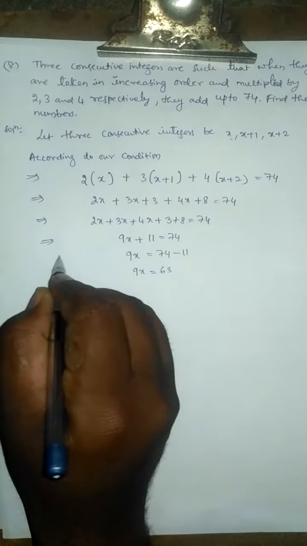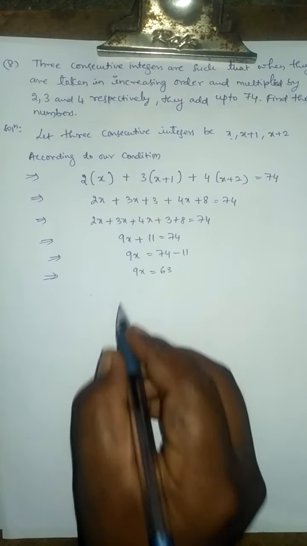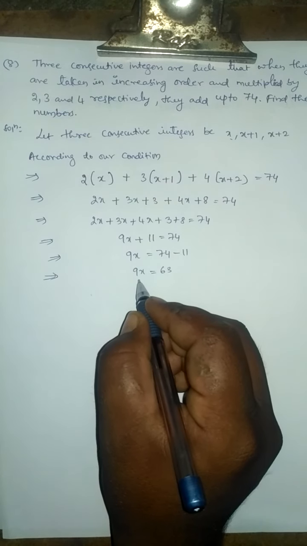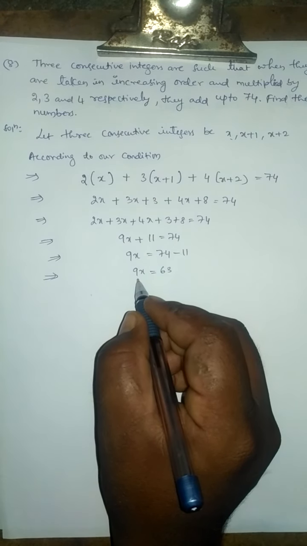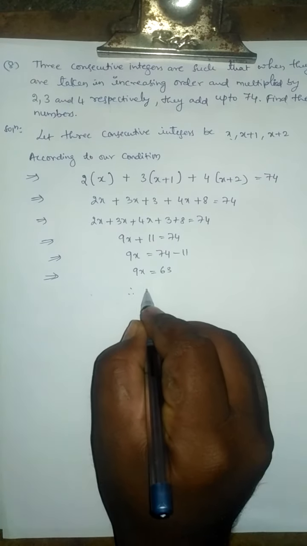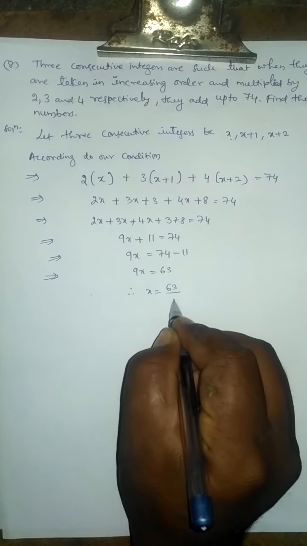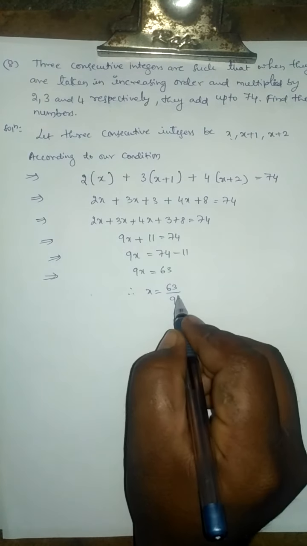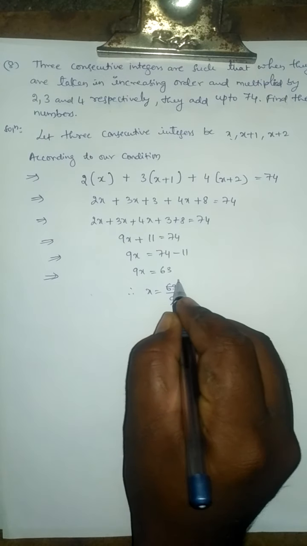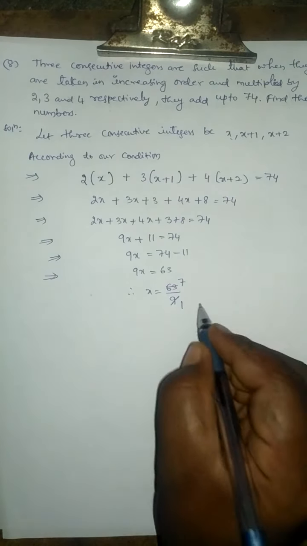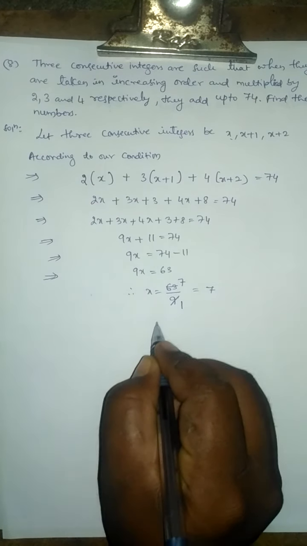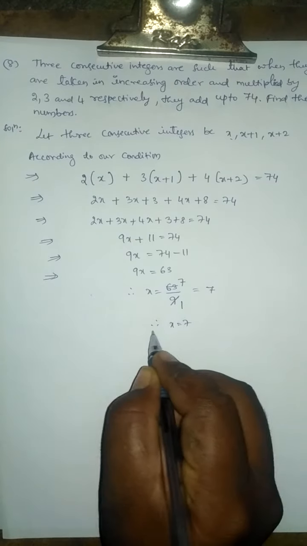In the next step, here 9 is a multiplication form along with the variable. If I transpose this multiplication 9 to the RHS, it will divide. So therefore x is equal to 63 divided by 9. Here 9 ones are 9, 9 sevens are 63. So what is the value of x? Value of x is 7. Therefore x is equal to 7.